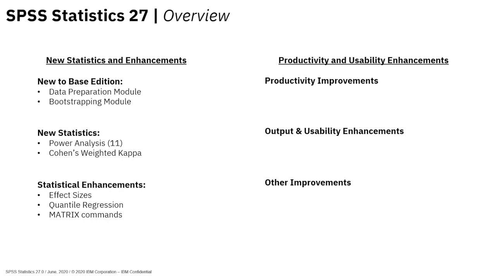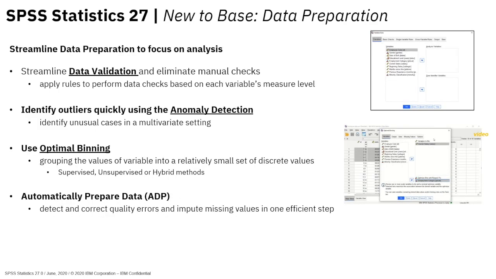There are new statistics, so things like power analysis and Cohen's weighted kappa are available within here, as well as statistical enhancements such as effect size, quantile regressions, and matrix commands, along with a bunch of productivity and usability improvements made to the product.